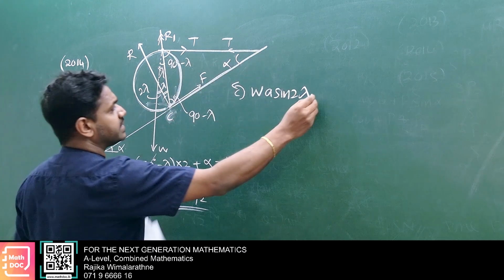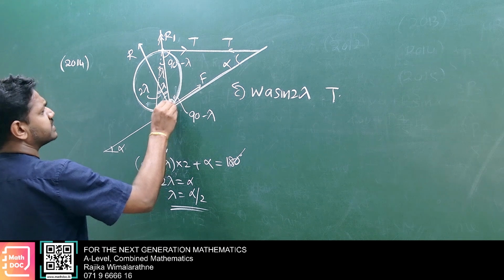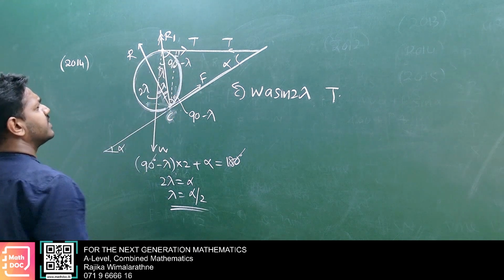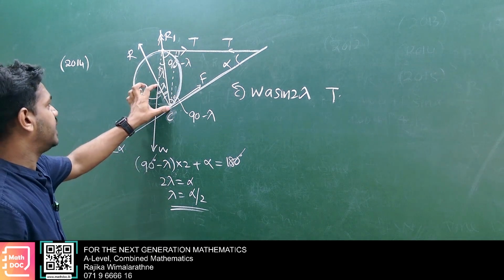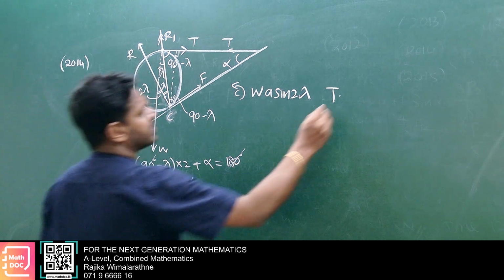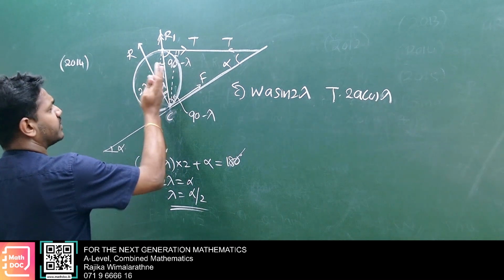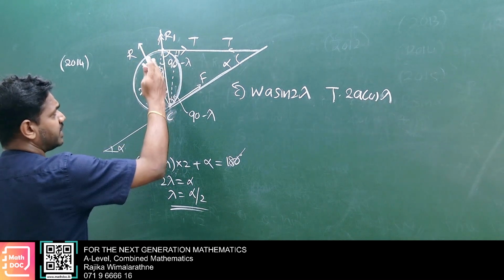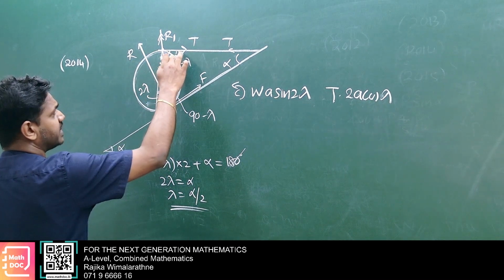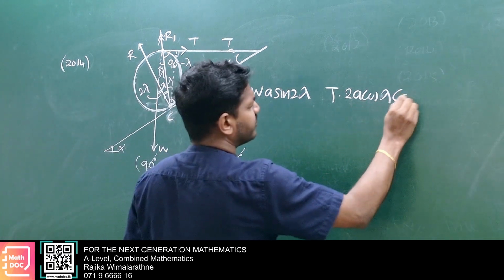Then tension times the perpendicular length. Sketch the perpendicular here. Here A cos lambda, total 2A cos lambda, again resolve. Here 90 minus lambda, this will be lambda again, cos lambda.